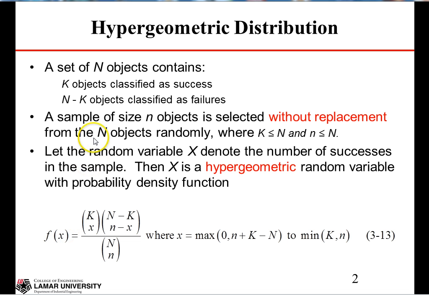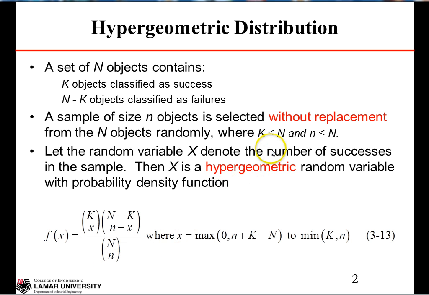X has to be less than or equal to K, the number of success objects possible in the whole batch. So this is called the hypergeometric distribution. You can see that the probability mass function involves computation of 3 combinations.